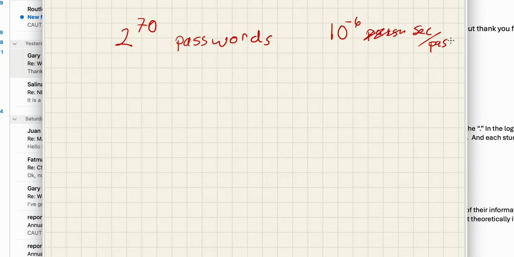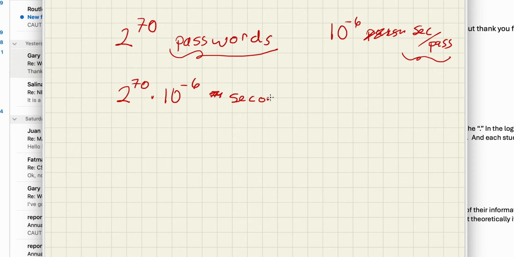So if we multiply these two numbers, look at the units here. The units of this number is passwords. The units here is seconds per password. If I were to multiply those, 2 to the 70 times 10 to the minus 6, the password units would cancel, and this would be something seconds.